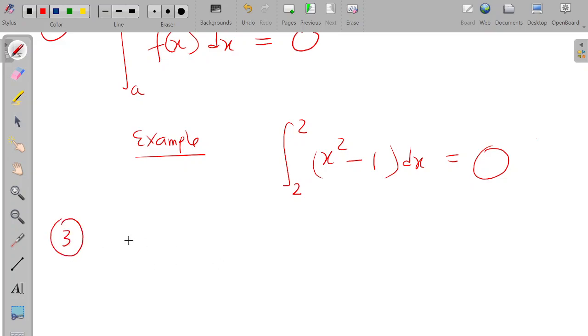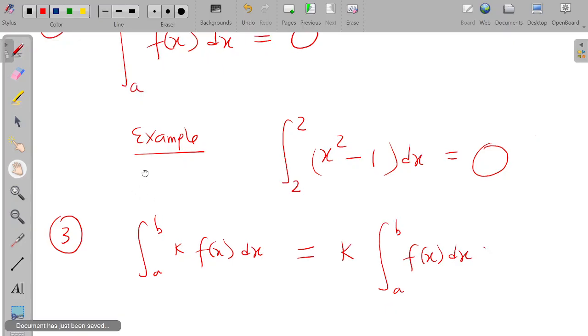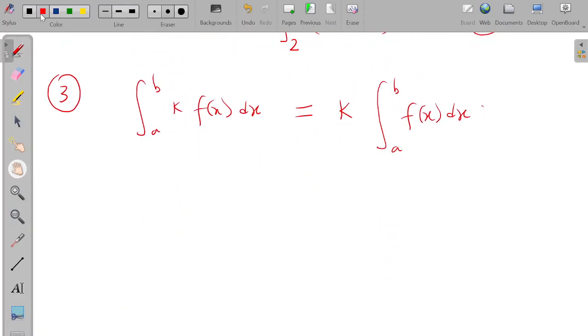Okay, number 3, when we have the integration from A to B of a constant multiplied by the function, it's the same thing as pulling out the constant and then integrating the function.